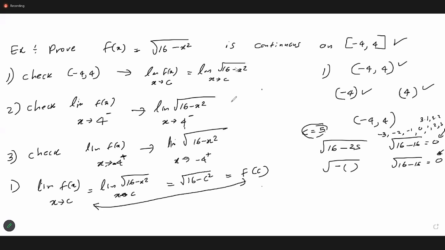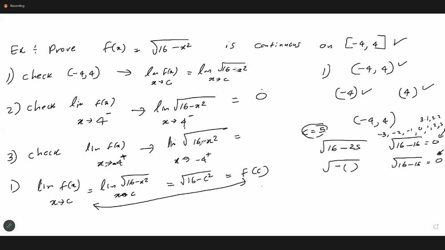You have to check both. I will write down the answers here. Let's check this one first. The limit of f(x) when x approaches 4 from the negative end: we can just plug in the value. When x equals 4, 16 minus 16 is equal to 0.